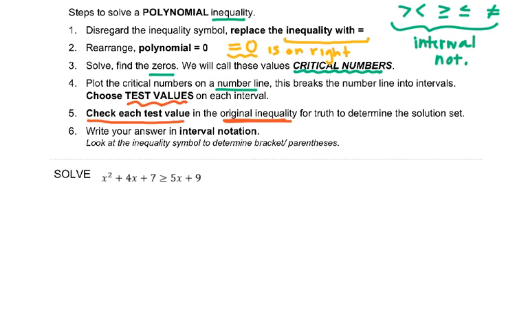Once we're done, we will write our answer in interval notation, and we want to pay attention to the difference between a bracket and a parenthesis. A bracket means you can touch that point, and a parenthesis means you can't. Then there is the not equal to situation.